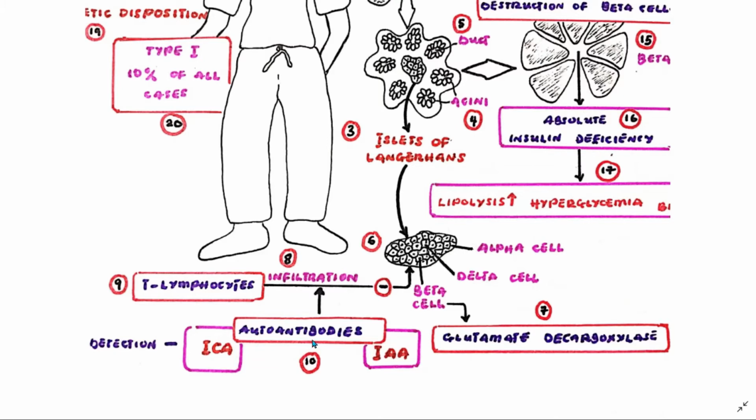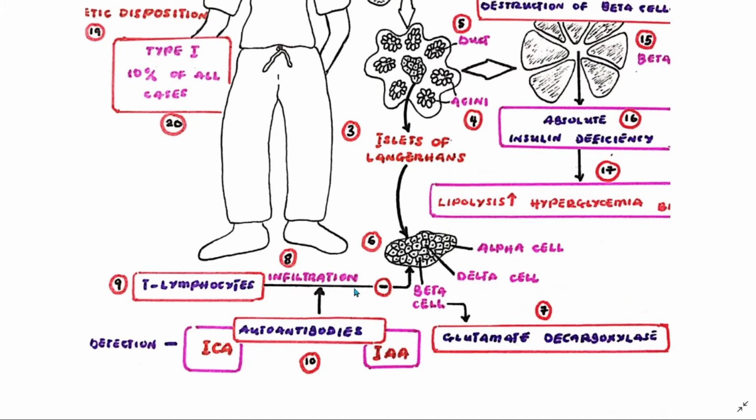These autoantibodies involved in the infiltration of the islet cells are the islet cell antibody, also known as ICA, as well as insulin autoantibodies, or IAA. This process of infiltration has a great genetic component.